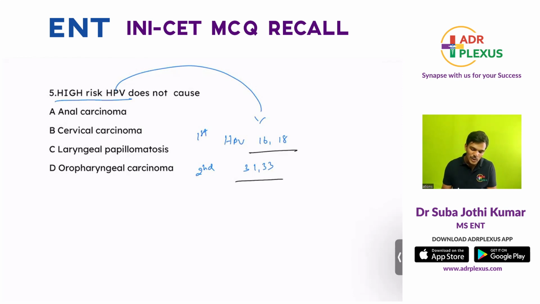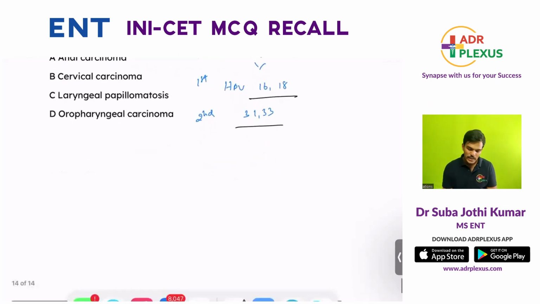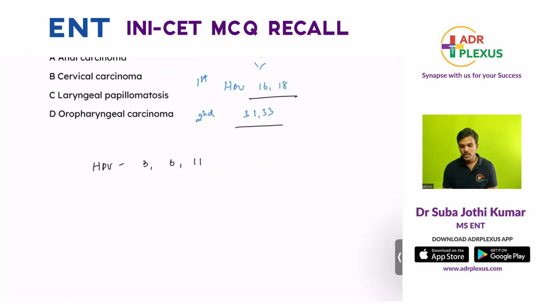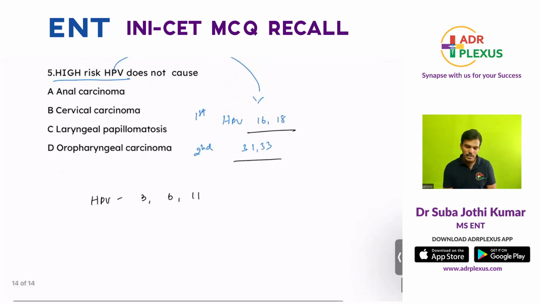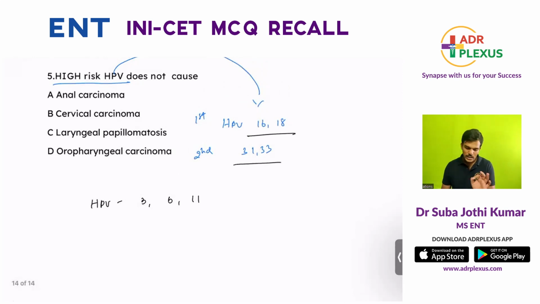In anal carcinoma also high risk HPV will be involved. Whereas other strains of HPV like HPV 3, 6, 11 are there. So what are the diseases that will be caused by HPV 3, 6 and 11? Whether it will cause anal carcinoma? No. Cervical carcinoma? No. Even oropharyngeal carcinoma will be caused by high risk HPV, not this 3, 6, 11. So again it will be caused by HPV high risk.